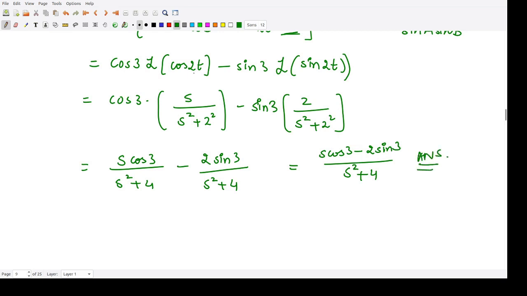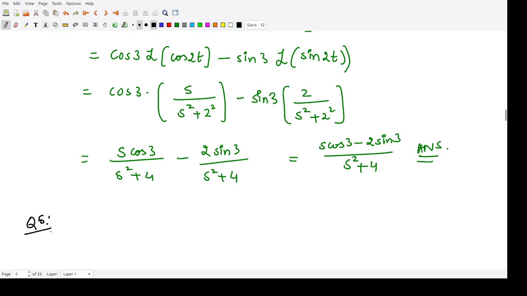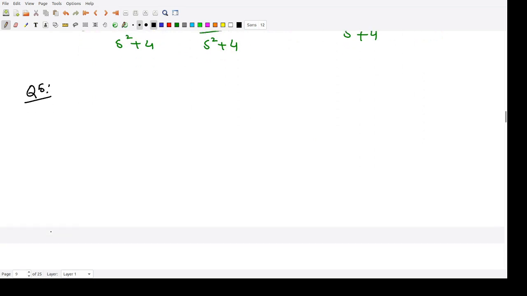Let us have a look at the next question. Question number 5 says find the Laplace transform of cos cube 2t. We as such do not know how to compute the Laplace transform of cubic functions, but we already know this formula: cos 3t is equivalent to 4 cos cube t minus 3 cos t.